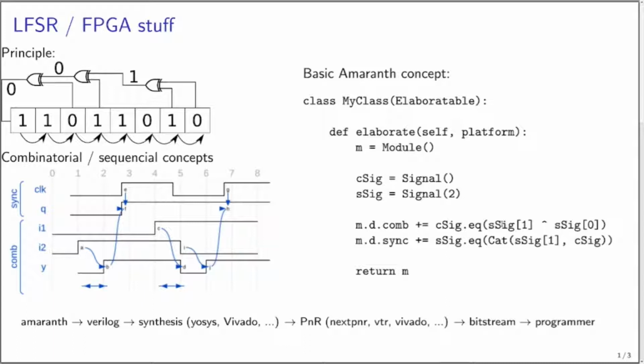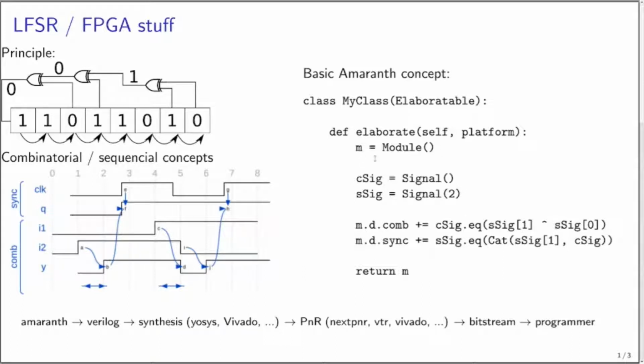We use a XOR between the first and the second bit of the second signal. The second line, with the sequential domain, is to update the second signal by using a concatenation between the second bit of this signal appended with the result of the XOR.